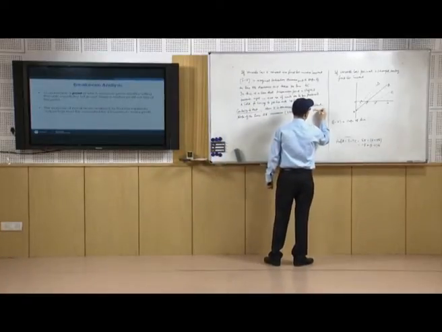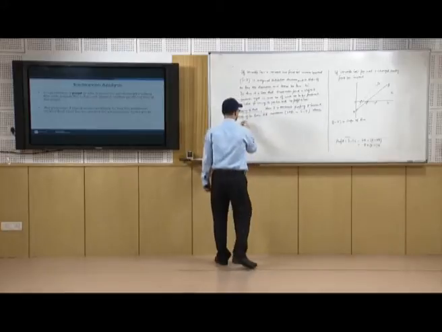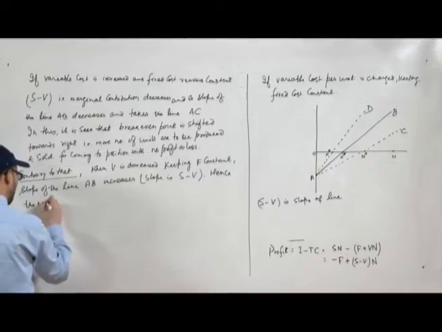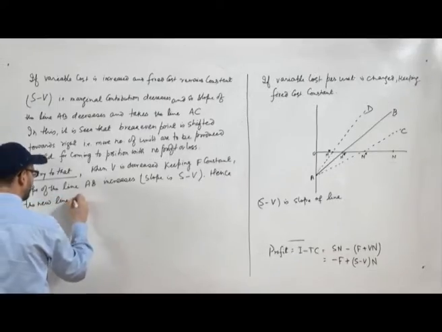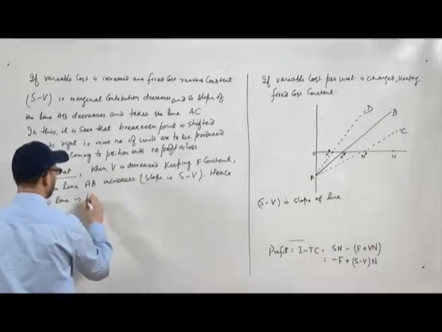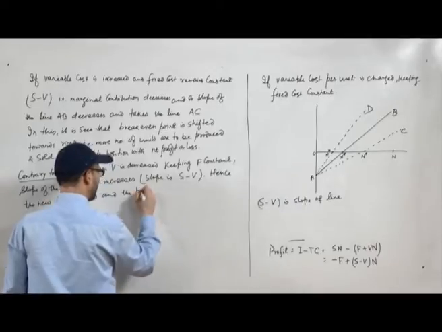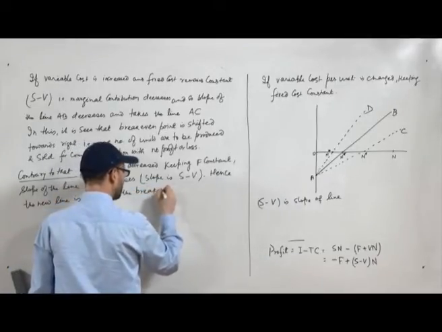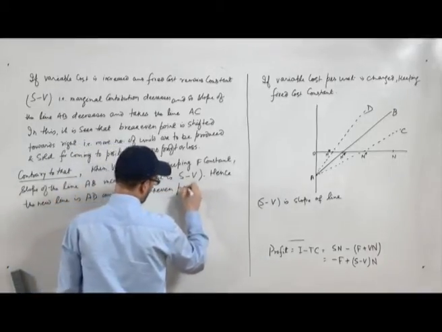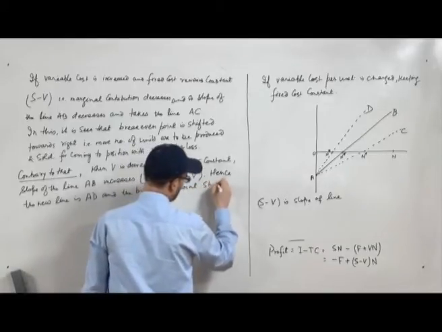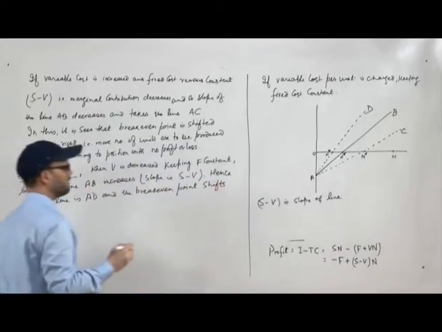Hence, the new line is AD and the break even point shifts towards the left.